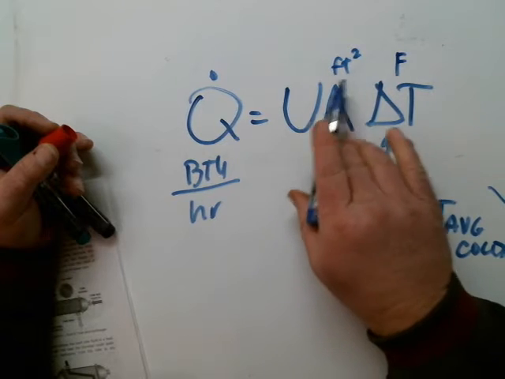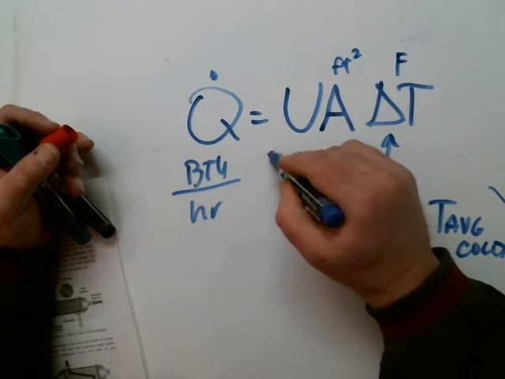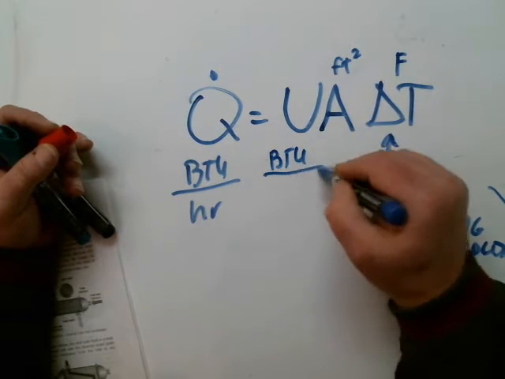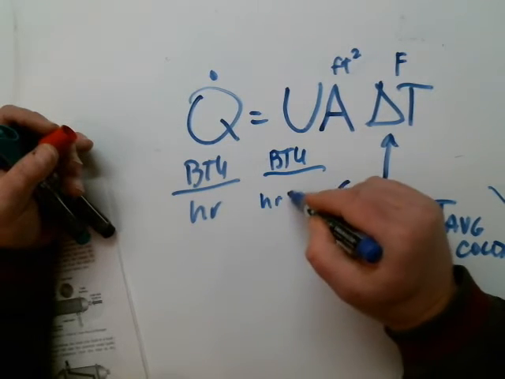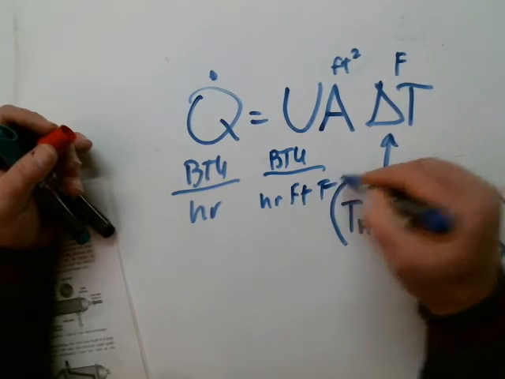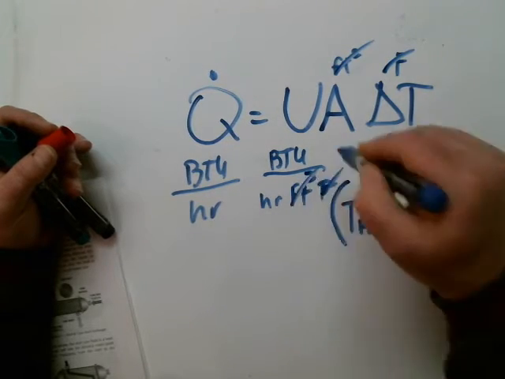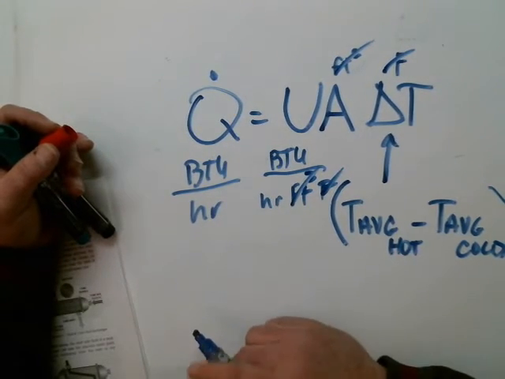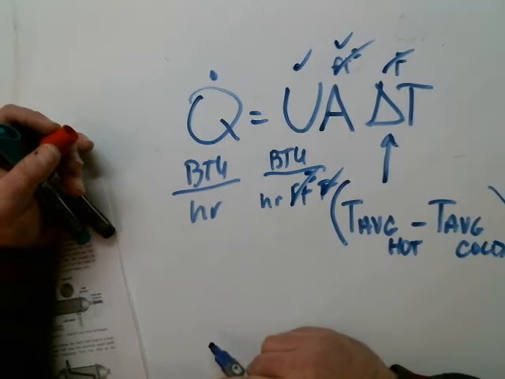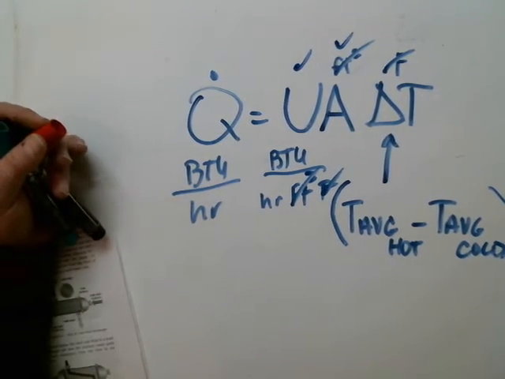So you can figure out that U is going to be BTUs per hour square foot Fahrenheit. Then that would cancel out the Fahrenheit, cancel out the square feet, and you'd be back to BTUs per hour. But we talk about this a lot in thermodynamics. So just 3 equations that we're going to get familiar with and start learning how to use. All right?